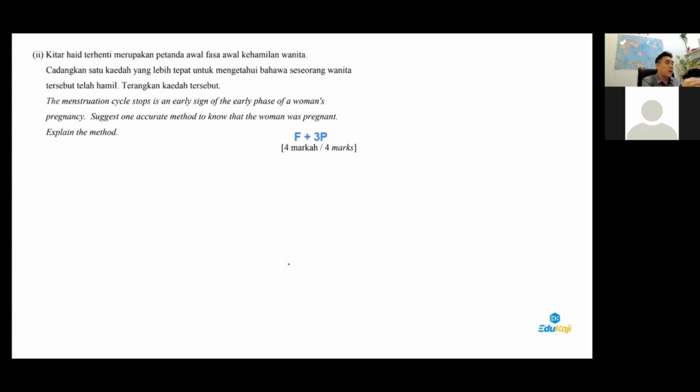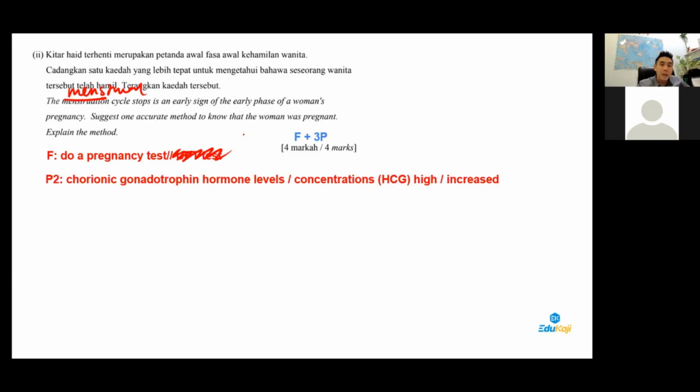Okay, the menstrual cycle stops as an early sign of pregnancy. Suggest one accurate method to know whether the woman is pregnant. Guys, if someone asks you what's the best way to know whether I'm pregnant, sure it is the pregnancy test. You don't need to write UPT. Because when a woman is pregnant, HCG will be high. Human chorionic gonadotropin hormone is high.